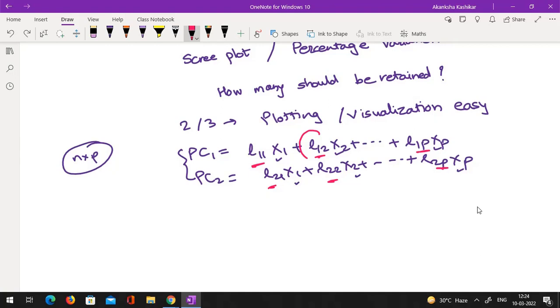Okay, so whatever I said about impact should not be taken directly at the face value. Generally, yes, the magnitude of the coefficient does denote something about importance of that particular variable in that particular PC, but it doesn't give me complete picture because it is not unit free.